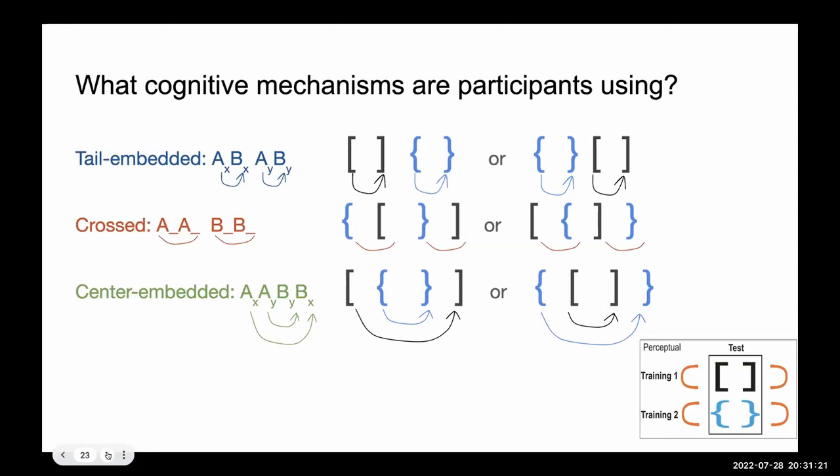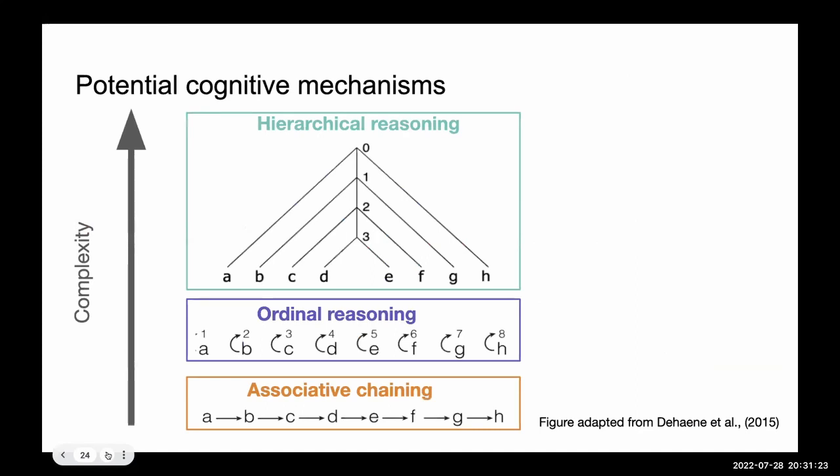So we considered 3 potential cognitive mechanisms of increasing complexity. The simplest mechanism was associative chaining, similar to statistical learning, which is just extracting the transition probabilities between items. I'll be going through these mechanisms again in the next few slides. Then we have ordinal reasoning, and finally, we have hierarchical reasoning.